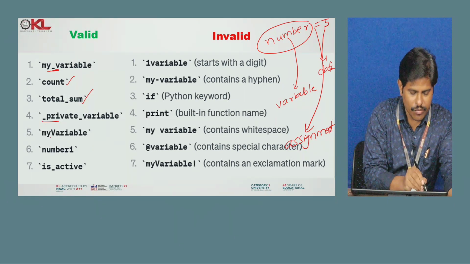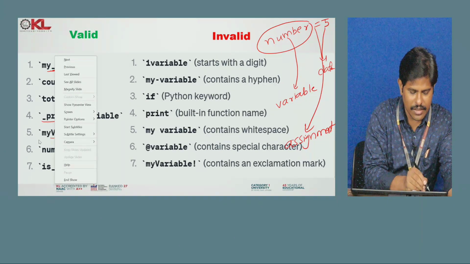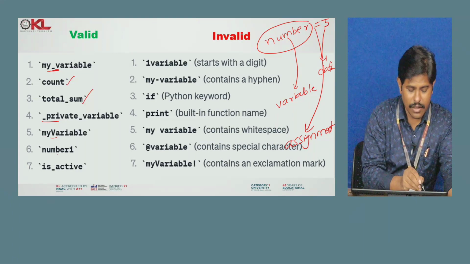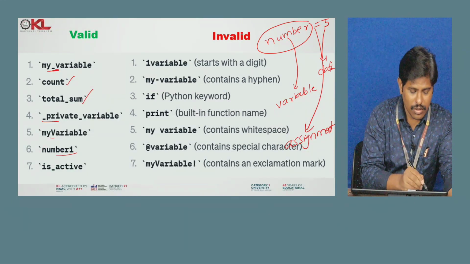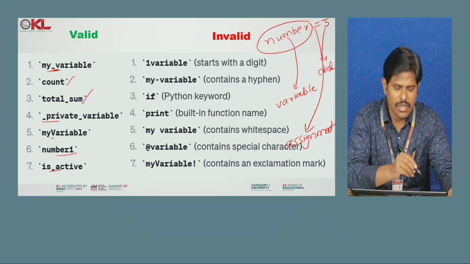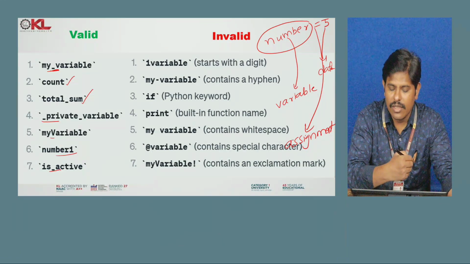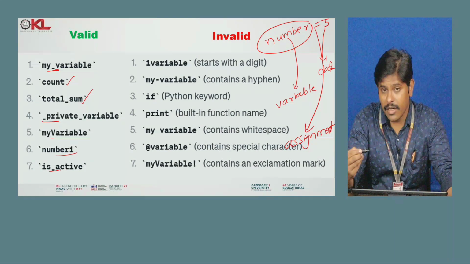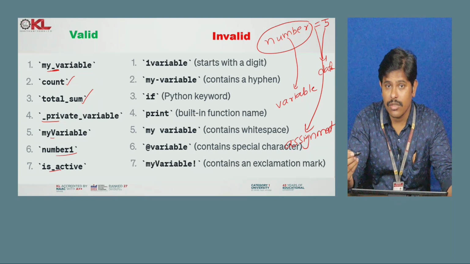You can use combinations of lowercase and uppercase letters, myVariable, and combinations of numbers and alphabets, alphanumeric, number1, and also is_act2. These are some of the acceptable ways of naming variables. But there are some rules you have to follow.